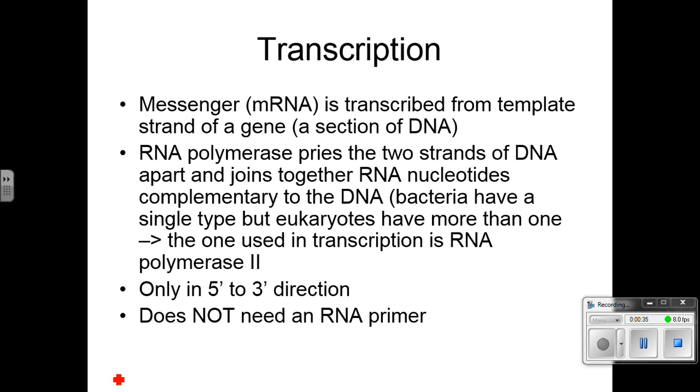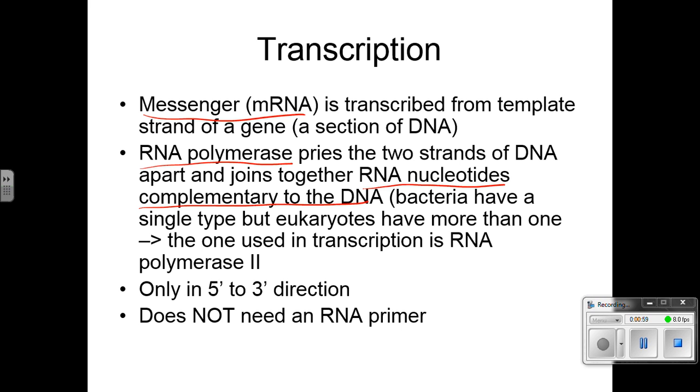mRNA, messenger RNA, is transcribed from a template strand of a gene, which is just a section of DNA. RNA polymerase is going to pry the two strands of DNA apart, similar to replication, and joins together RNA nucleotides complementary to that.